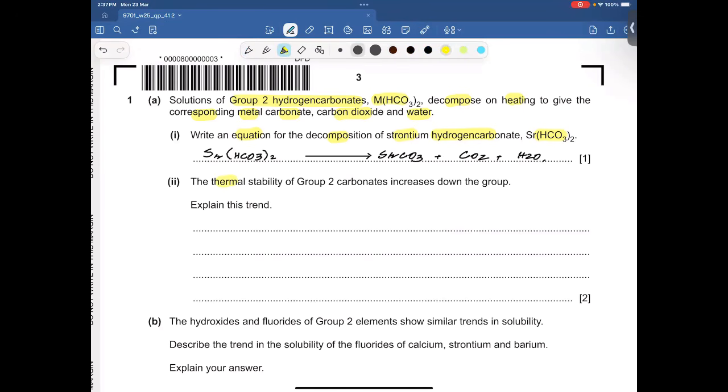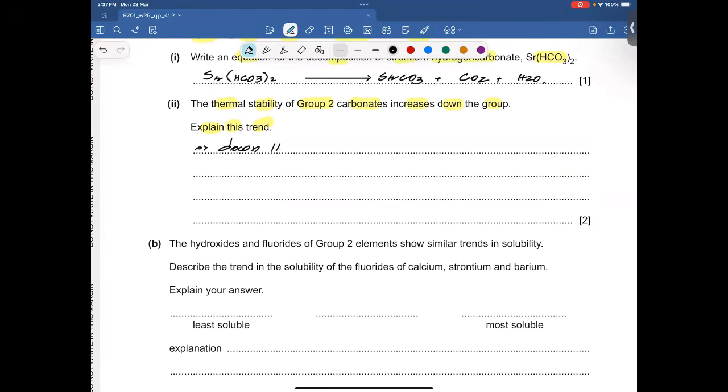Now the next part: thermal stability of group 2 carbonates increases down the group. Explain this trend. Down the group, ionic radius increases. So charge density and polarization decreases.